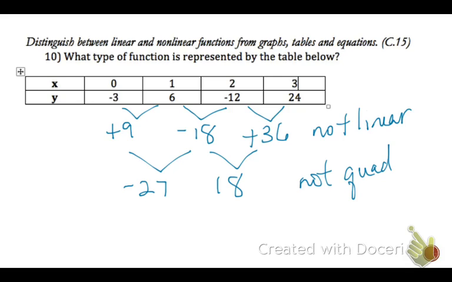I'll do this in red. So to get from 3 to negative 3 to 6, I can multiply by negative 2. To get from 6 to negative 12, I can multiply by negative 2 and multiply by negative 2. So because I have a multiplier, this is an exponential function.